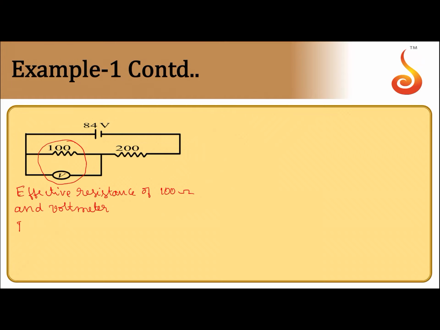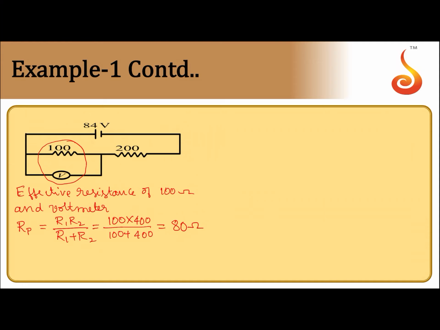So parallel combination will have equivalent resistance R1 R2 divided by R1 plus R2. So that is 100 into 400 divided by 100 plus 400. So that will give you 80 ohm. This is the effective resistance.